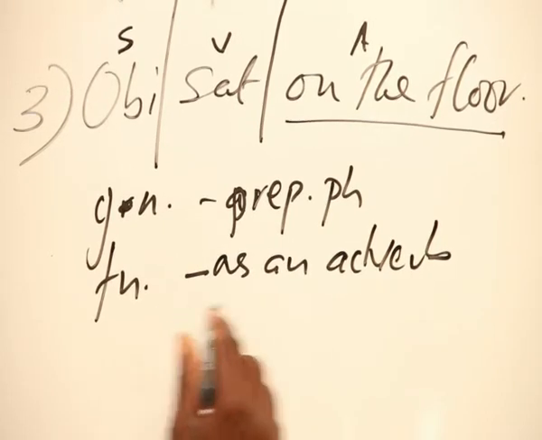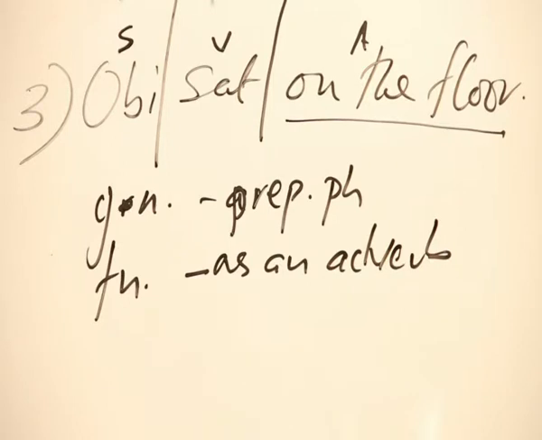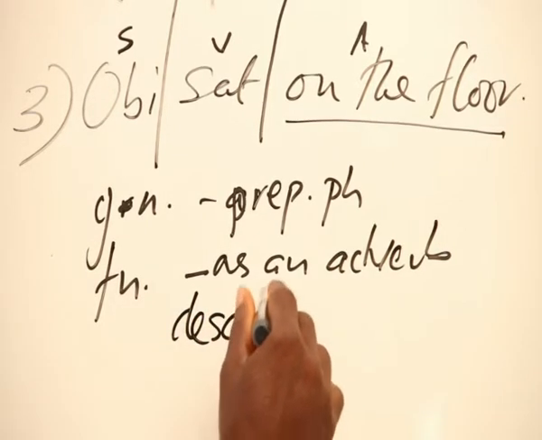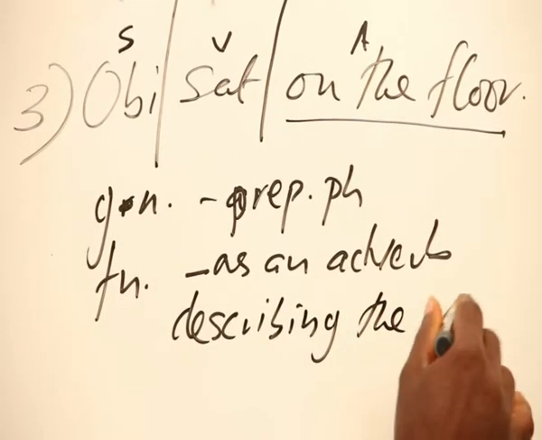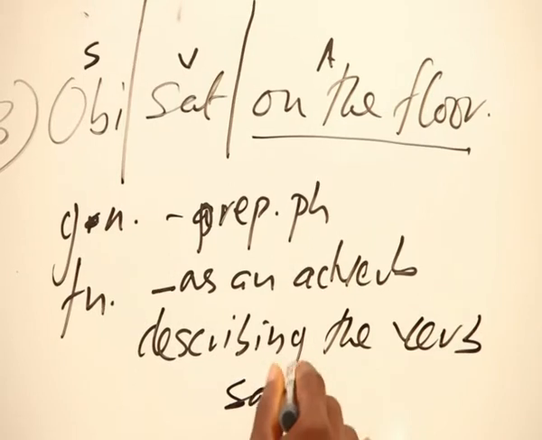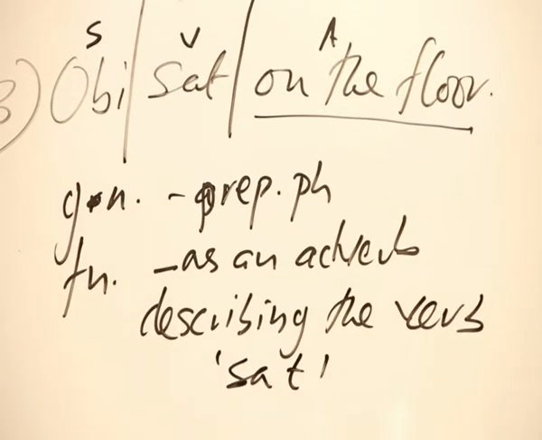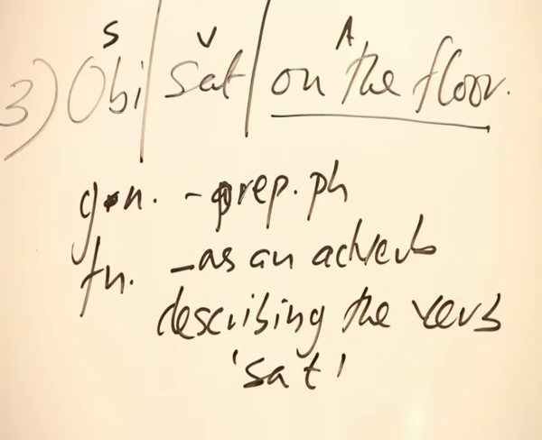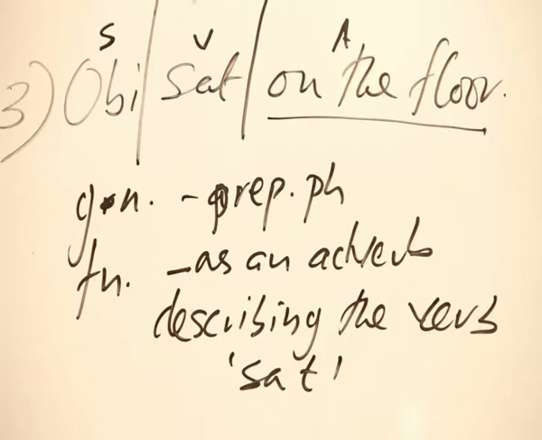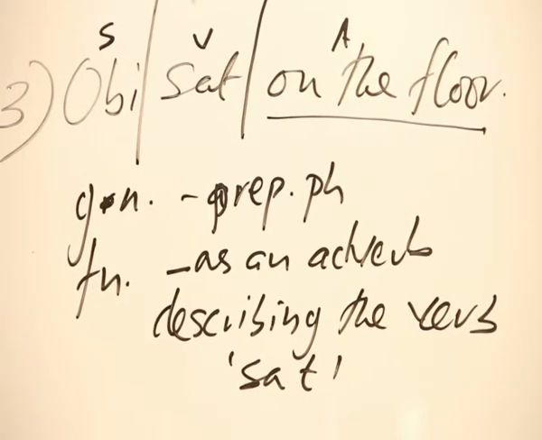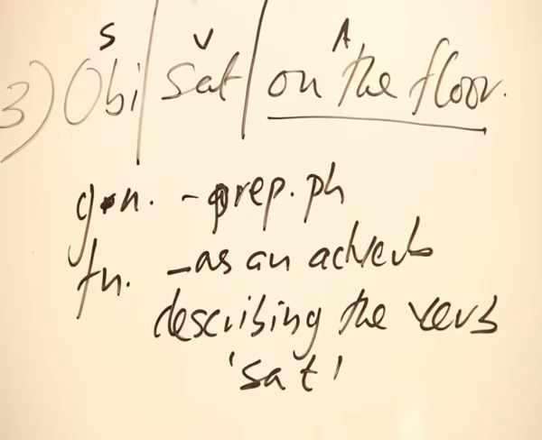As an adverb, if you like to say of place, describing the verb sat. That is the point. It's always good or better to pinpoint the verb or the noun something describes. So in this case, "on the floor" is describing the verb sat.